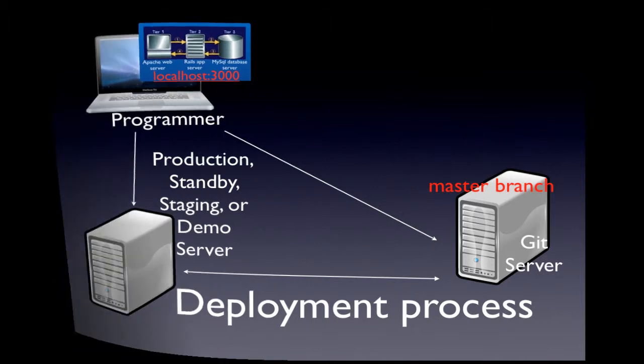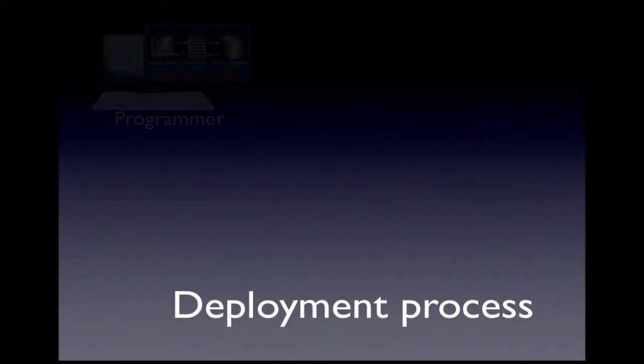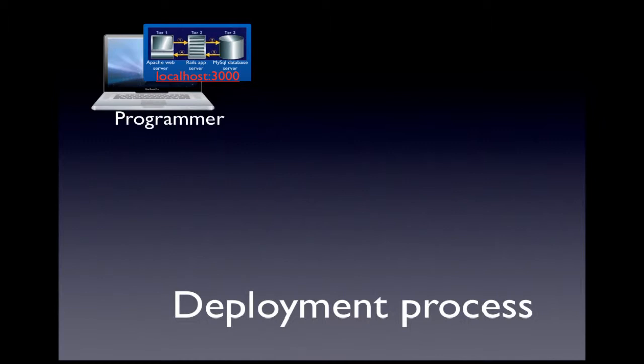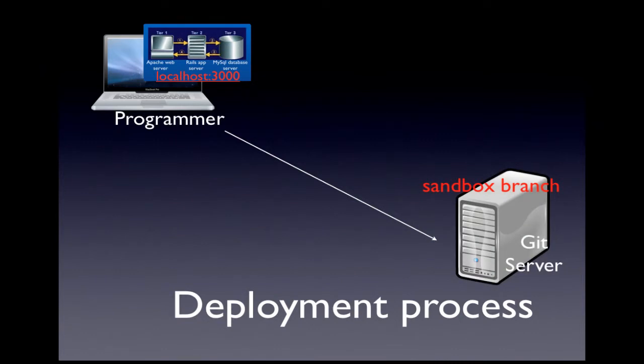Now, this is the deployment process to the sandbox server. Mind you, I talked about the demo server, the standby, the staging, and the production server. We didn't say anything about the sandbox server. The sandbox server is different in that it's made for the software development team. It's for the programming team to play without interfering with the normal flow of deployment from a production perspective.